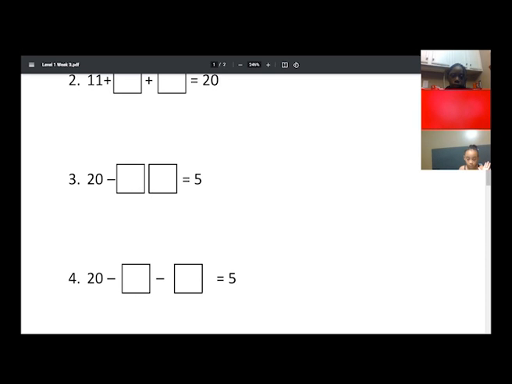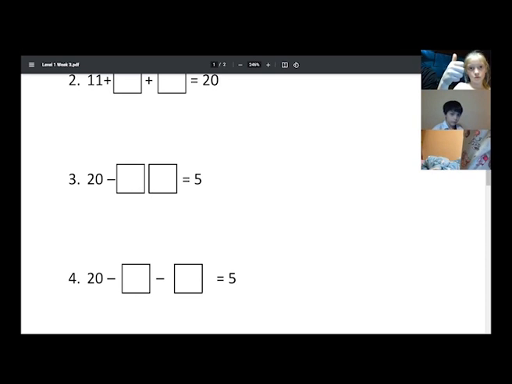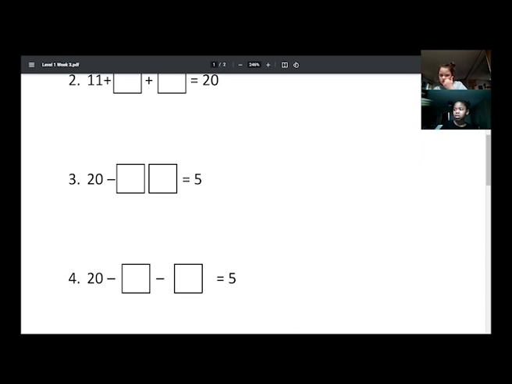Seeing a few hands, but we'll wait just a minute to give everybody a chance.